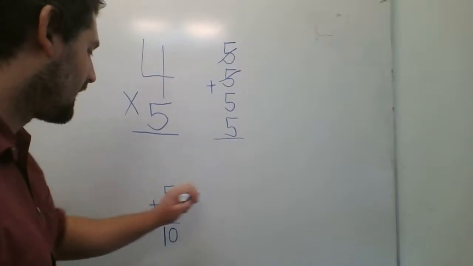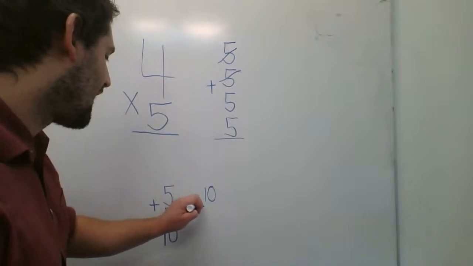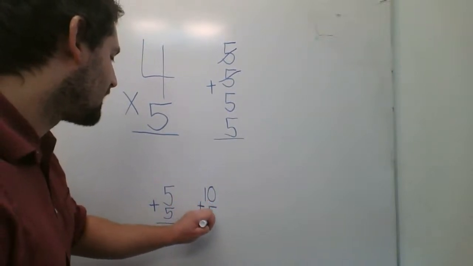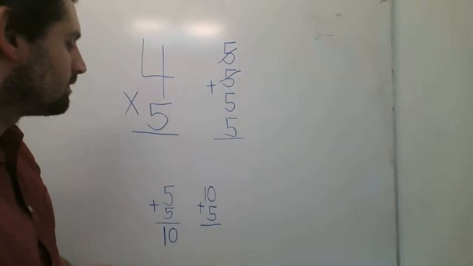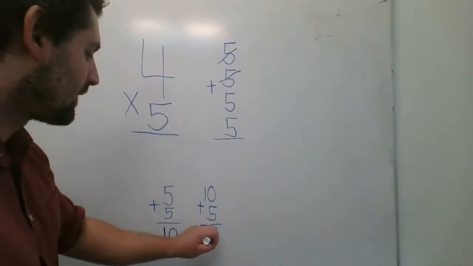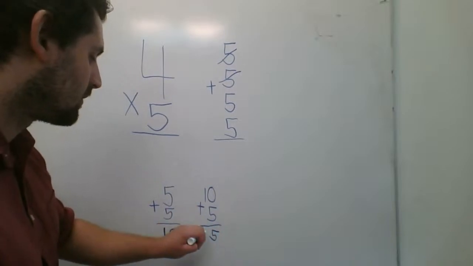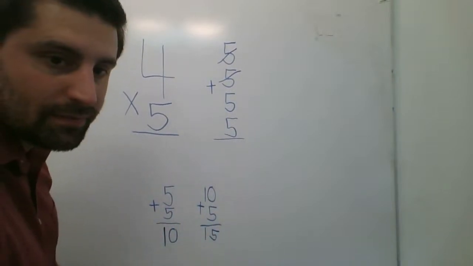So next, I'm going to have to add 10 plus 5. I added 5 plus 5 and got 10. Now I have to add another 5 to that. 10 plus 5, 0 plus 5 equals 5. 1 plus 0 equals 1. 10 plus 5 equals 15.